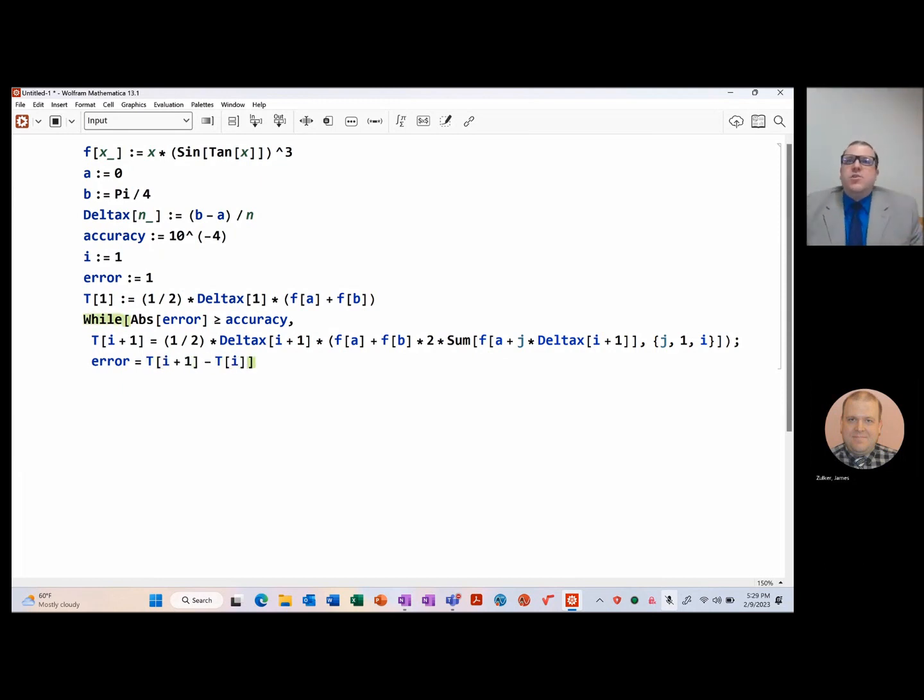Well, it's going to be the term we just calculated minus the previous term. Right now, what I could do is instead of up here having absolute value of error, I can just do error and make this an absolute value here. Same thing, doesn't matter.